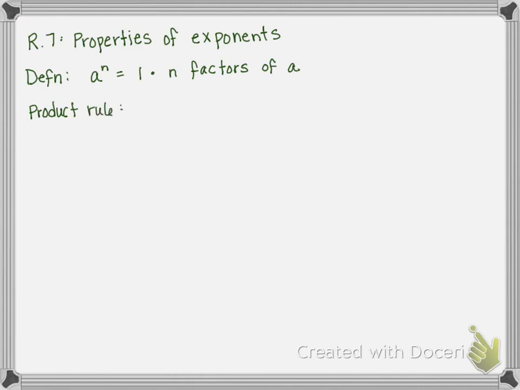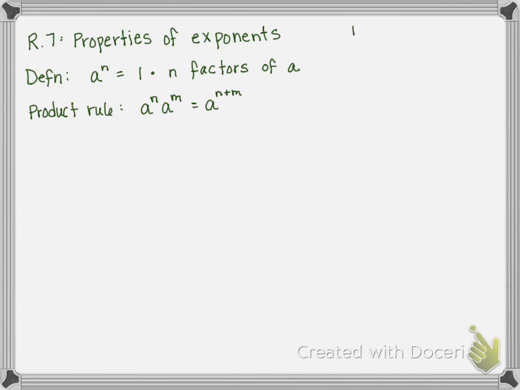The product rule says if I multiply n factors of a by another m factors of a, well, n and m are both just counting factors. So if I have n factors of a and then another m factors of a, I have a total of n plus m factors of a.